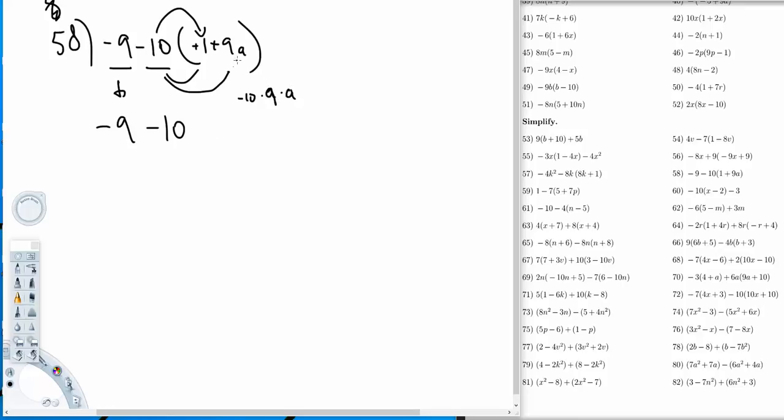So anytime there's nothing between something, you automatically multiply. It will give us minus 90a. So we can solve for this, which is minus 19 minus 90a. And that is the solution.